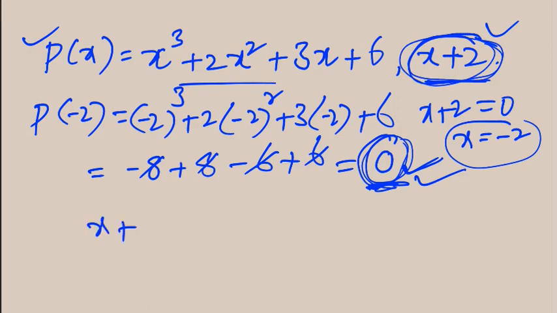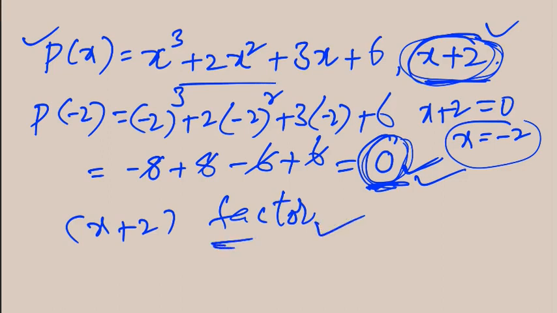Therefore x plus 2 is a factor of the given polynomial. This is the factor theorem. In the factor theorem, the remainder theorem is involved. In this way we can easily say whether the given linear polynomial is a factor of the given polynomial or not.